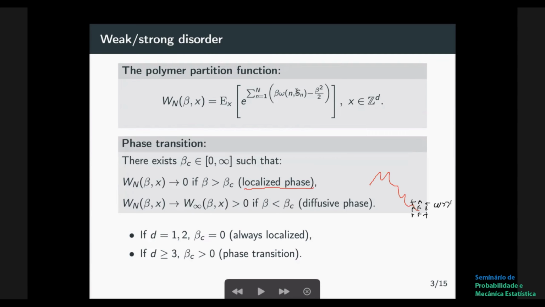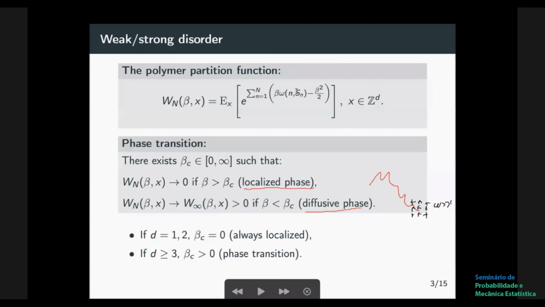And this can in fact be characterized by a limit on the partition function, this Wn. Whenever Wn goes to 0, it means that you're in the localized phase, and if it's strictly positive, then it means that you're in the diffusive phase.